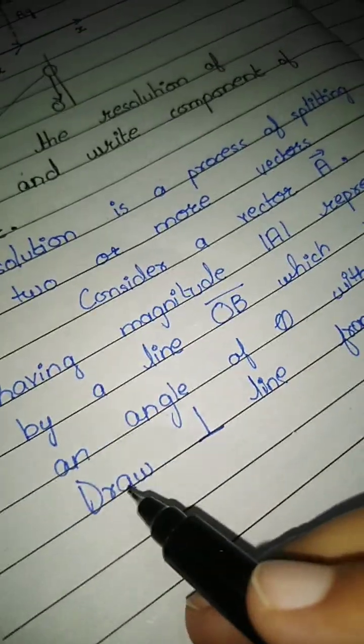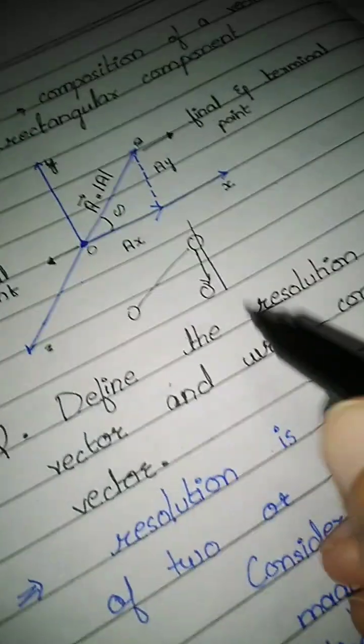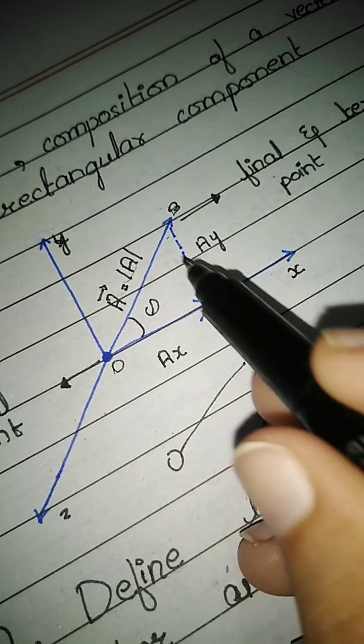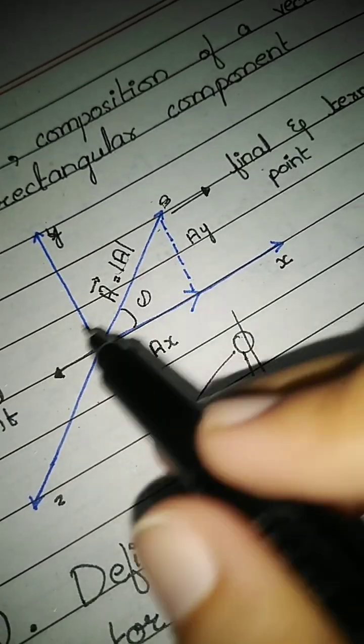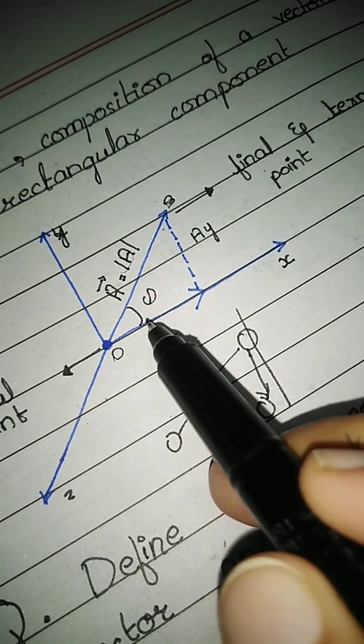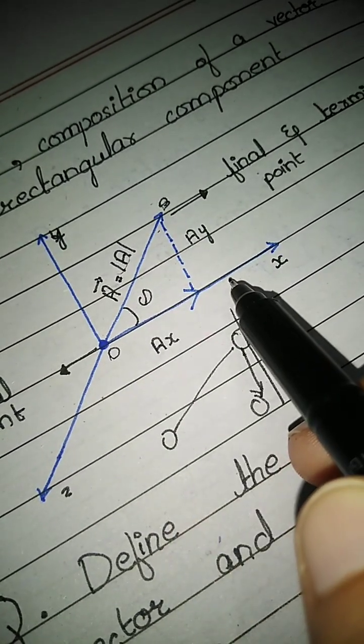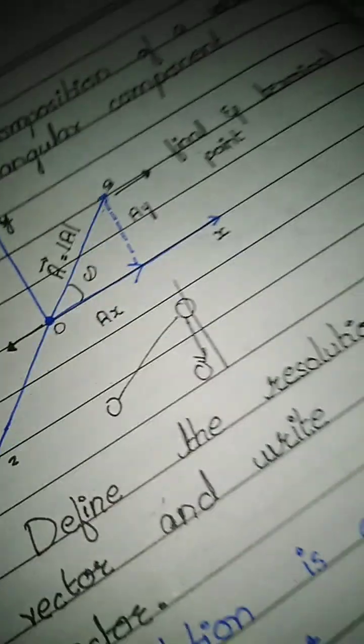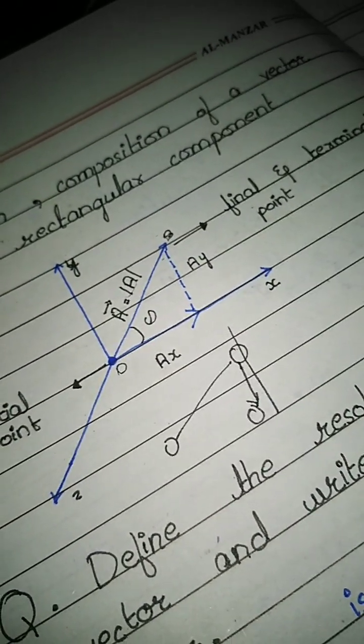With the x-axis, draw a perpendicular line from the terminal point, which is perpendicular to the x-axis. This line is also perpendicular to the x-axis, and the angle is along the x-axis.